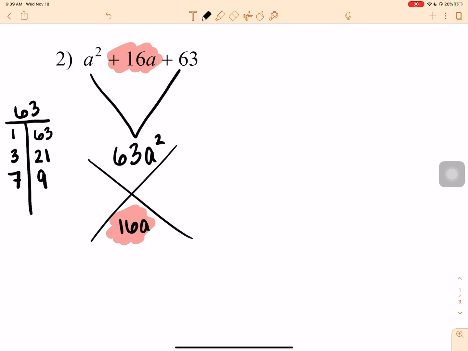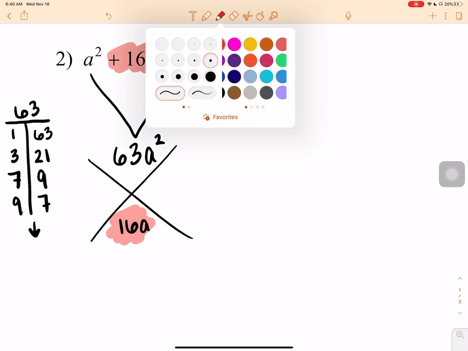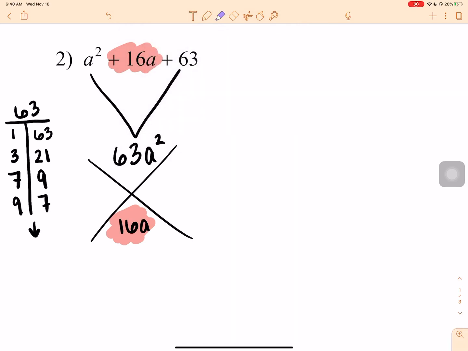And then it just starts to repeat, 9 times 7 and so on. So that's when I know I need to stop, okay? So 7 and 9 look like the only two that are going to add up to 16. And luckily all of our numbers are positive, so we don't have to worry about any negatives in this one. So this is going to be 7a and 9a.